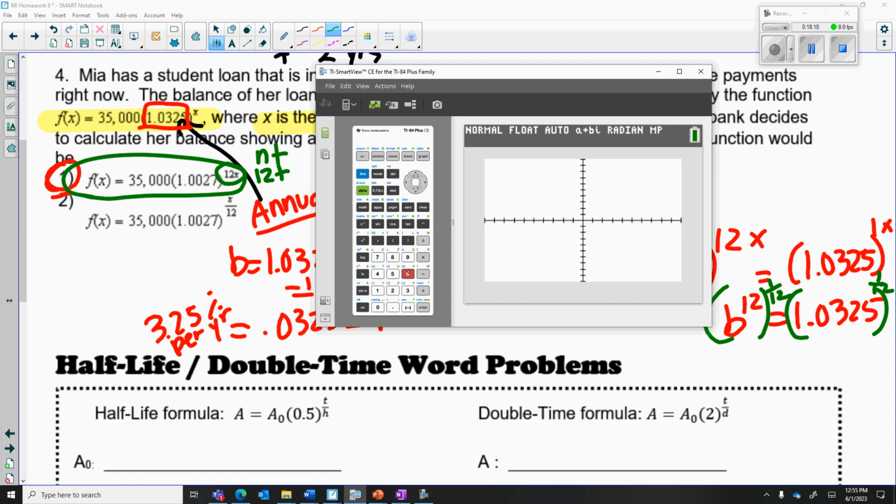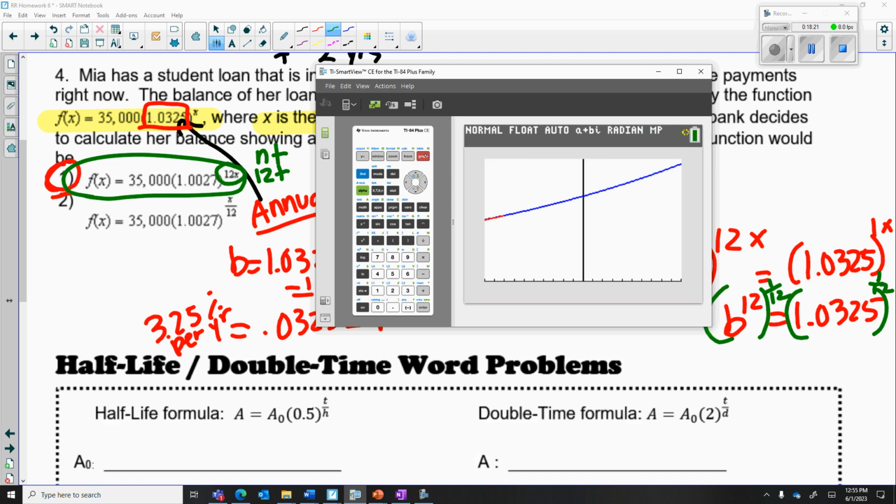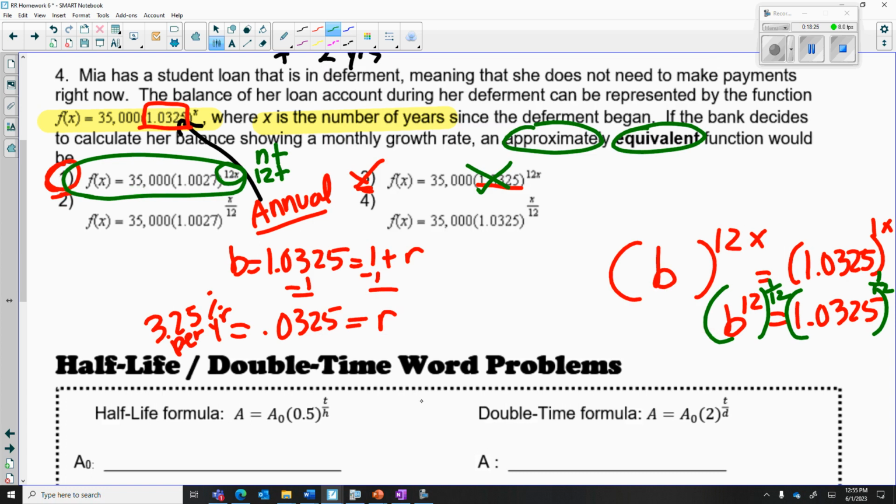So again, I don't see it if I'm in Zoom 6, so I will want to press window and make my Y maximum bigger than 35,000, maybe 50,000, and then hit graph, and you should see that it, not perfect, but it does pretty much go on top of itself.